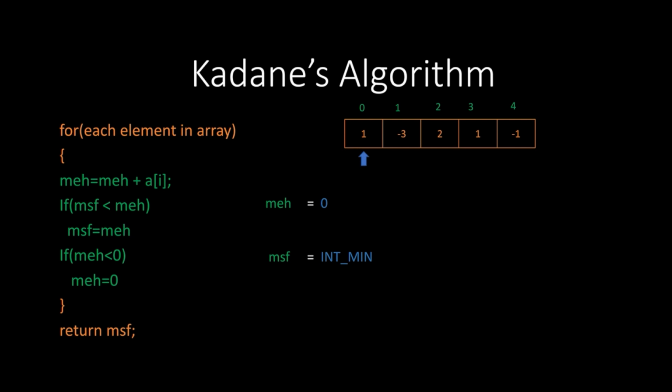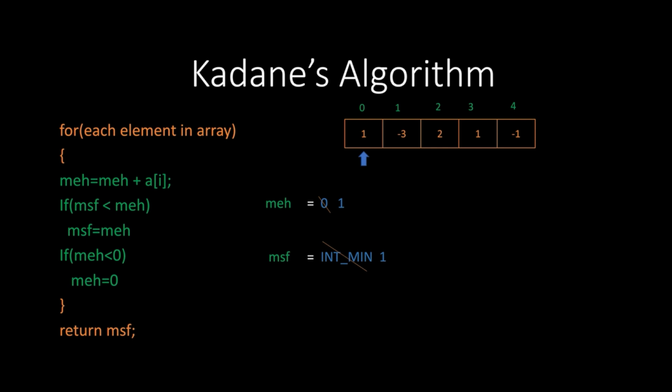Maximum ending here is 0, and a of i is 1, so maximum ending here would be replaced with 1. Now we check the condition: if maximum so far is less than maximum ending here. Maximum so far is int min, which is less than every other number, so maximum so far would be replaced by maximum ending here. That is, int min would be replaced by 1.